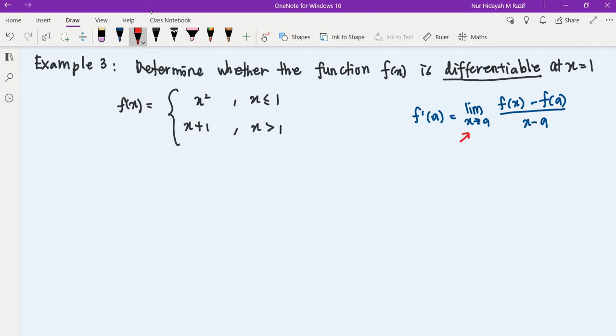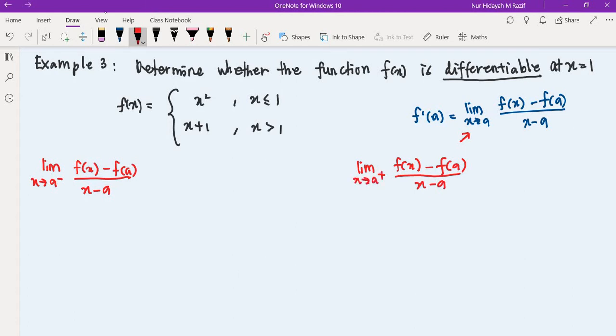So now what we are going to do is we will check the limit of f(x) minus f(a) divided by x minus a as x approaches a from the left, and you also need to check the limit of f(x) minus f(a) divided by x minus a as x approaches a from the right.